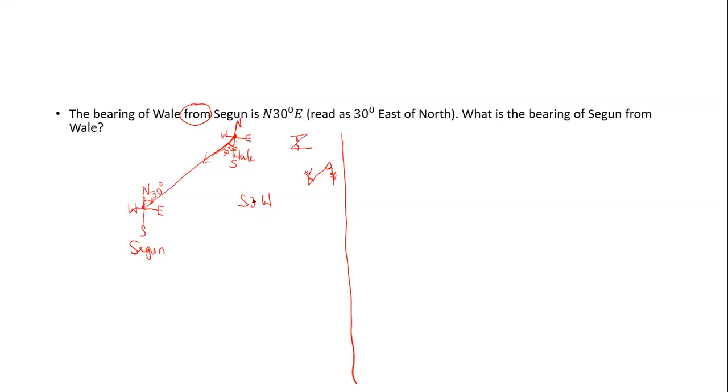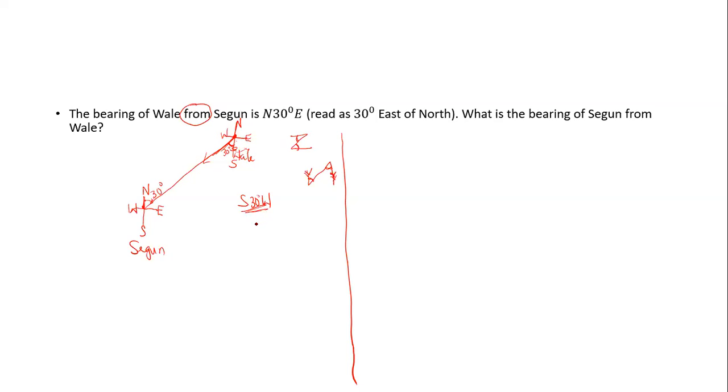So you say 30 degrees just because of this 30. 30 is in between south and the west. 30 degrees from the south towards the west. Assuming it is towards this side, you say 30 degrees south, 30 degrees towards the east. So that is how you are going to look at that particular one. So as a result, we say that the bearing of Segun from Wale is 30 degrees south of west.